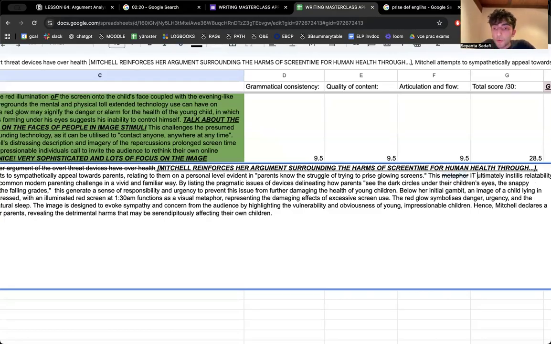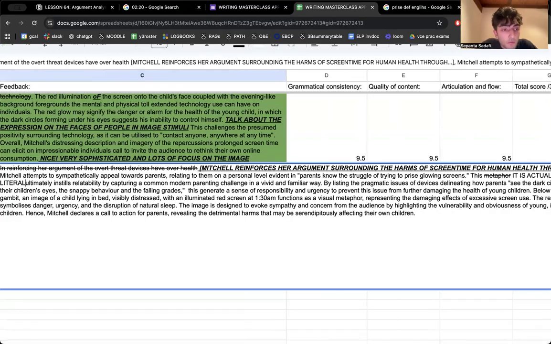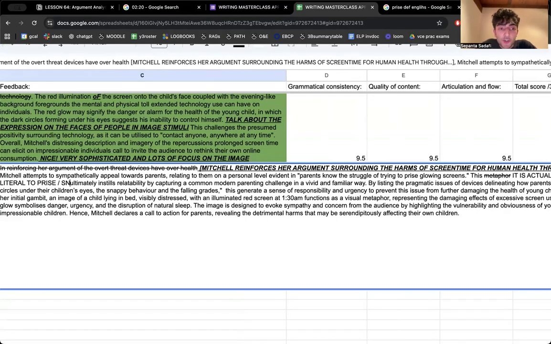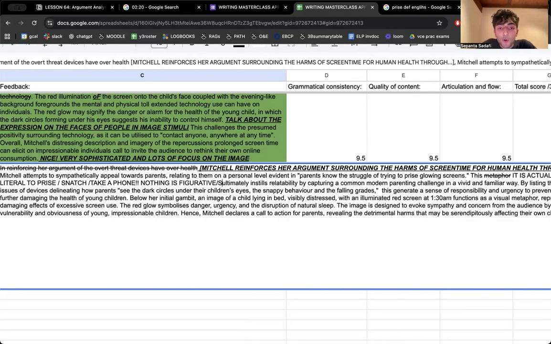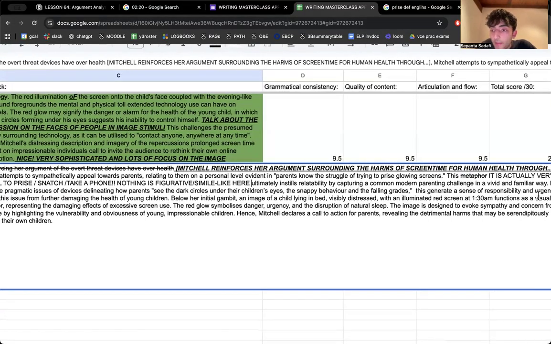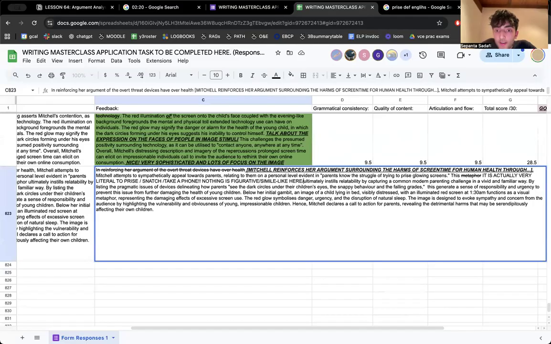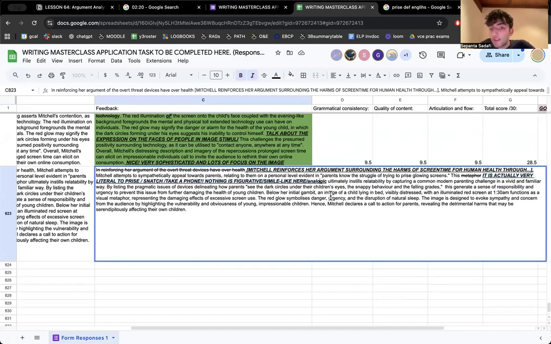It's actually very literal to prize or snatch or take a phone. Nothing is figurative or simile-like here. Nothing is an analogy there, right? Analogic, or analogical, right? It ultimately instills relatability, capturing a modern parenting challenge in a vivid and familiar way.